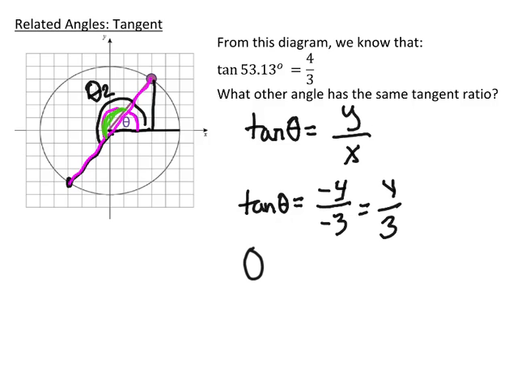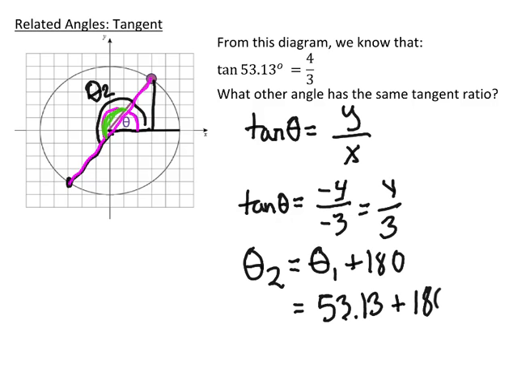So theta 2 here would be that initial theta 1 plus 180 degrees. So for us, that would be 53.13 plus 180. And that gives me 233.13 degrees.